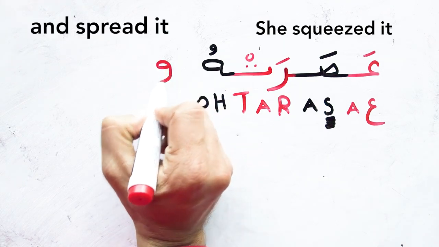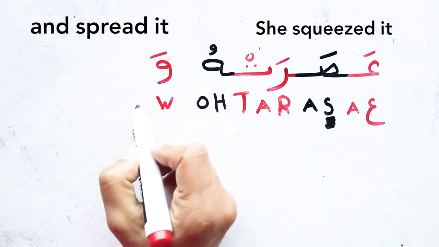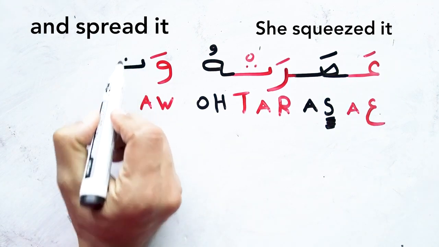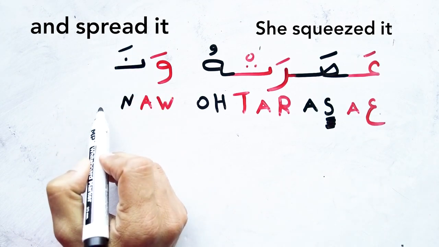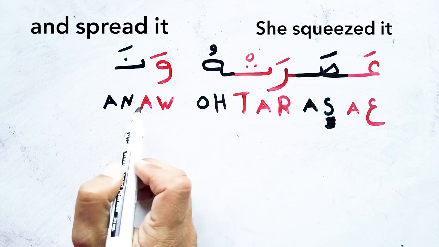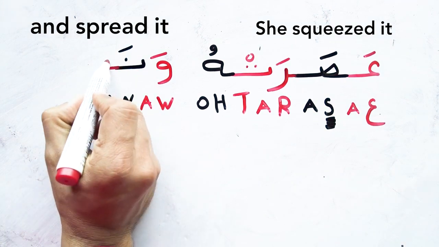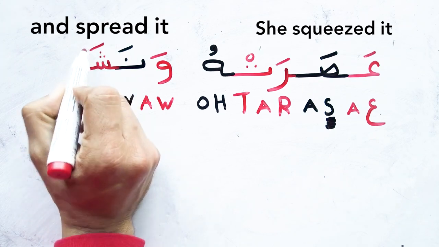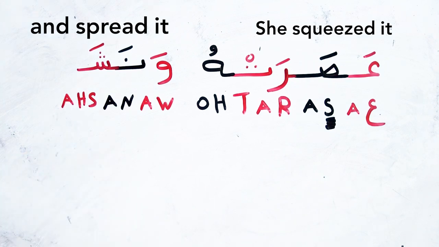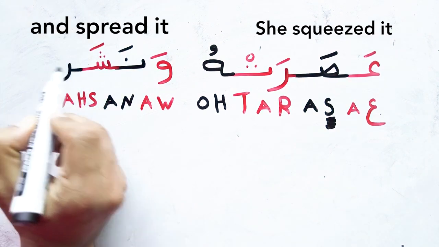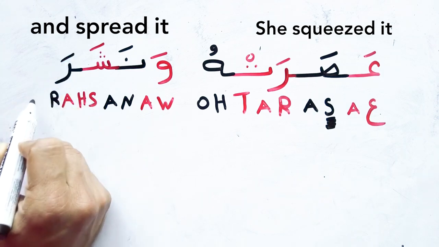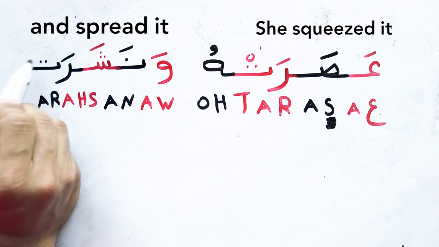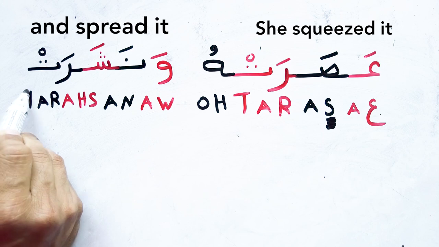We have the sound of W. With this mark on the top sounds like A. The sound of N with fatha, it sounds like A. The sound of S. H. So it is another A. The sound of R with fatha, it sounds like A. I have the sound of T with sukun, so I must pause here.